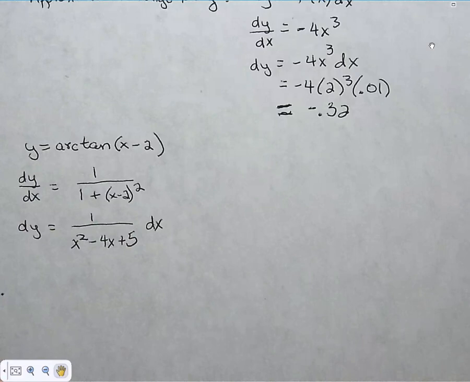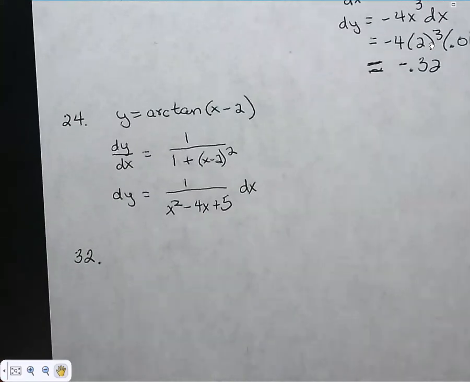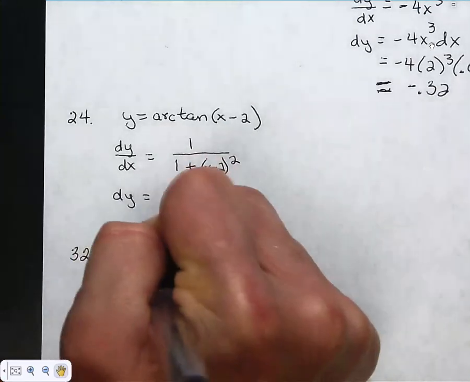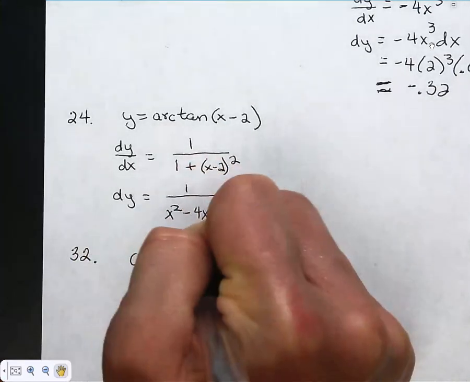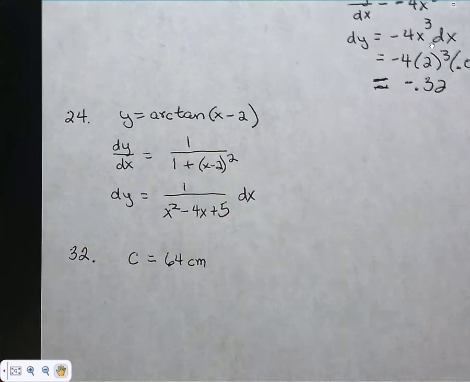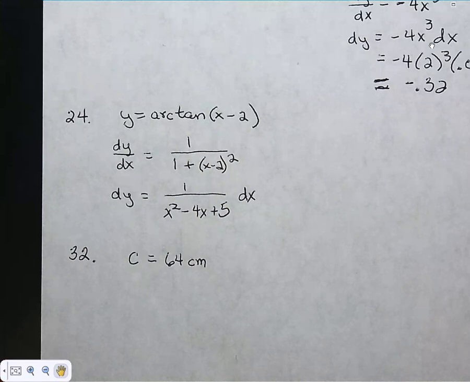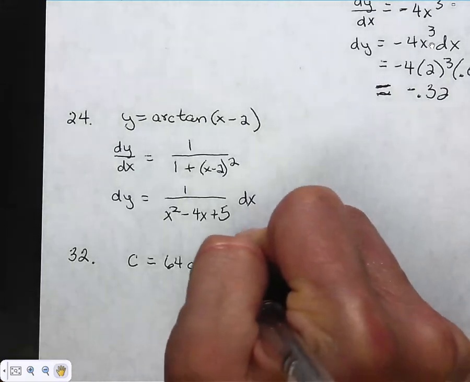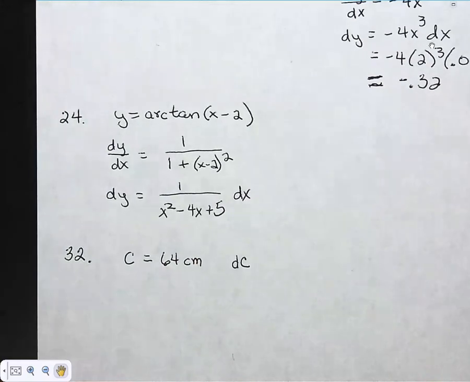Number 32 says the measurement of the circumference of a circle is found to be 64 centimeters. Somebody measured the circumference of the circle and said, I'm getting 64 centimeters. But a wiser person said, that may not be perfectly correct, as I had to bend a ruler or a tape measure around the circle. It may be off by a little bit, and we're going to use dC to represent that.